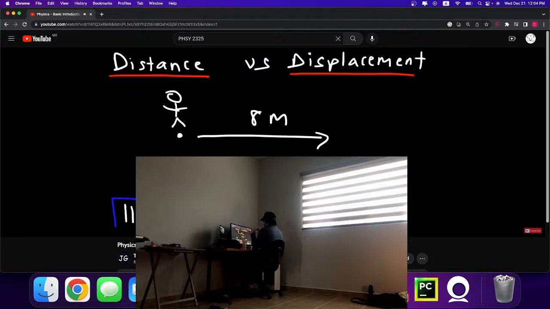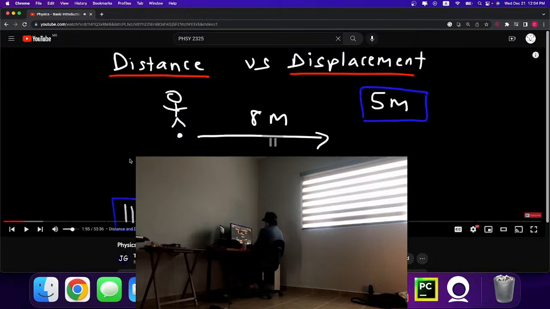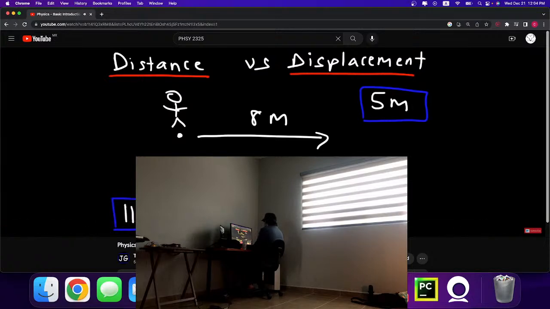However, his displacement is not 11, but rather his displacement is 5 meters. Displacement is the difference between the final position and the initial position.